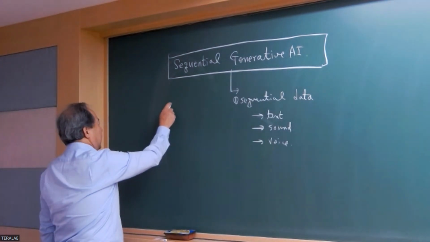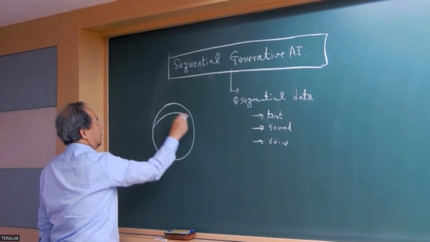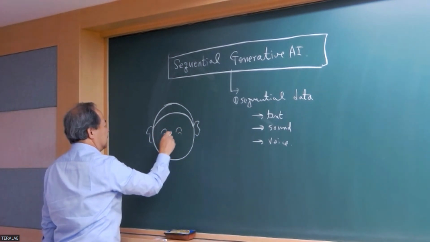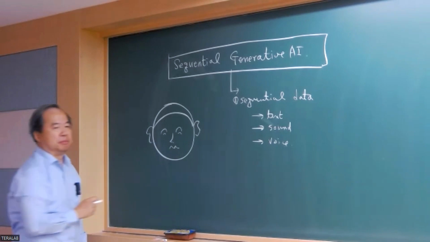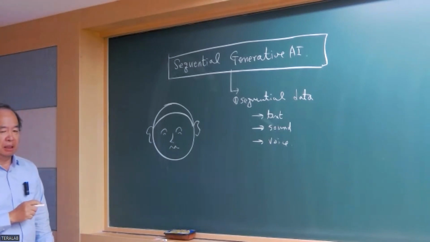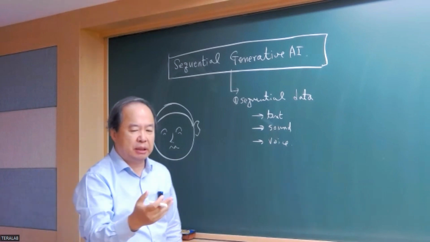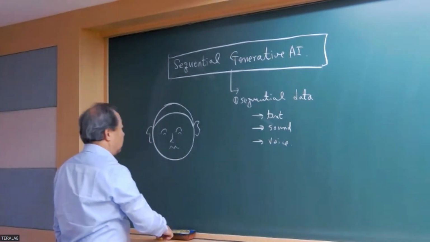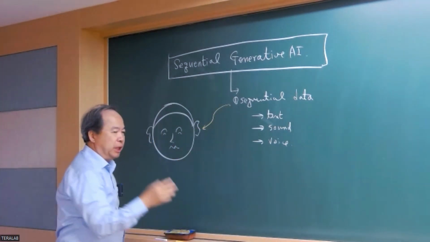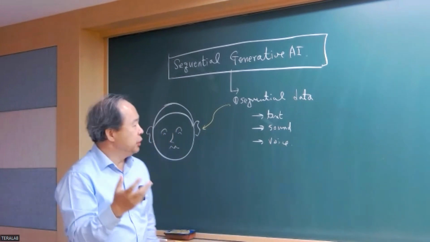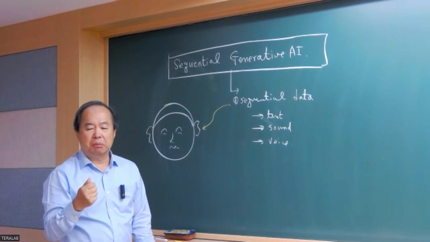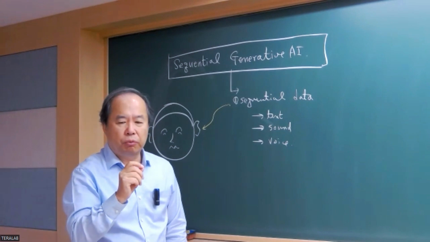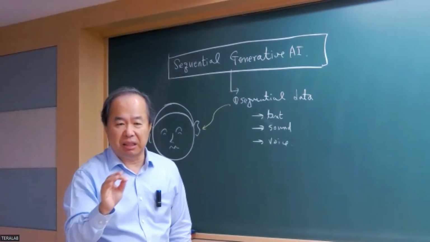Every human being has a face. You have ears, eyes, a nose, and a mouth. Humans have to interact with other people, nature, or the environment. One of them is through the ear. We have to listen to voice and sound. Because our bandwidth of voice is very narrow, we have to send information serially.